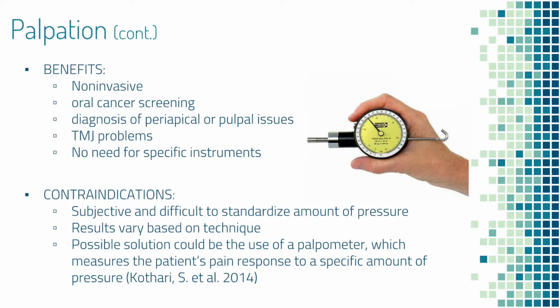And in a study comparing manual palpation to using the palpometer, the manual palpation was more irregular, and the palpometer was much more reliable and consistent as far as accuracy in applying the correct amount of pressure. This may be a little difficult to use for the oral vestibule intraorally, but on the outside, it might be a good solution if you're having difficulty using the same amount of pressure throughout.